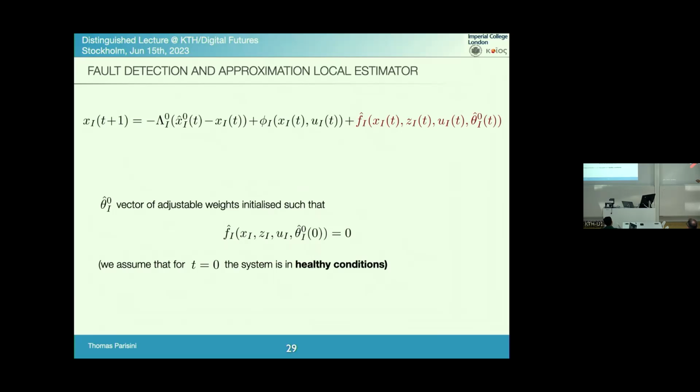Clearly this part here, the red one, is a nonlinear adaptive approximation scheme, which, by the way, uses neural networks in this case. They work very well for this task. But you see that when the system is in healthy condition, this is 0. So this is only activated after there is a detection of a fault.